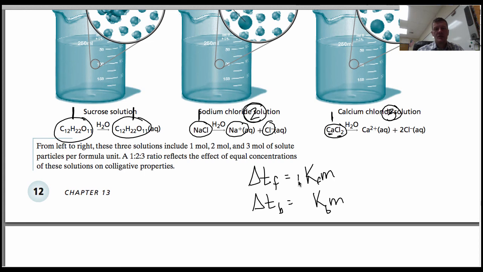So I'm going to put a little i right here, and this i stands for the number of ions if it's ionic. So if you have 2 ions created, then you have to put a 2 in there for i, because the molality actually doubled. If it creates 3 ions, then you have to put a 3 in there for i, because the molality is actually tripled. Just for ionic compounds.